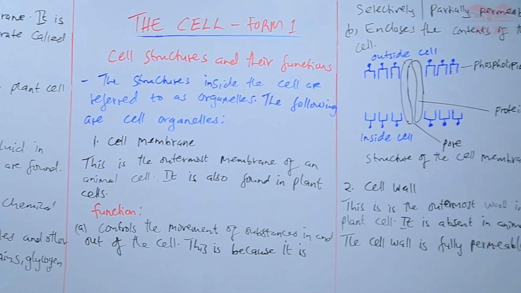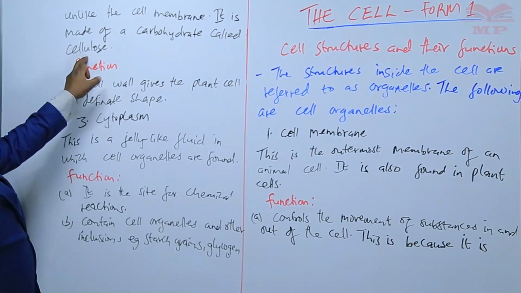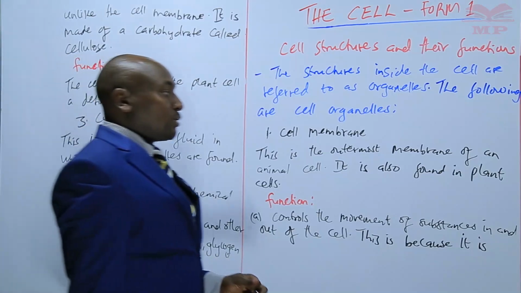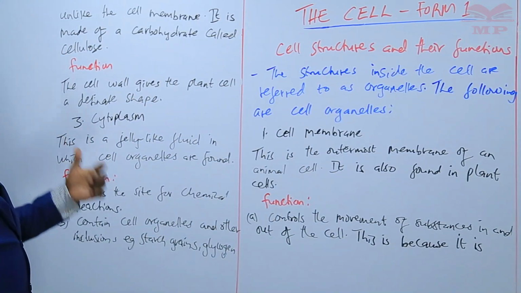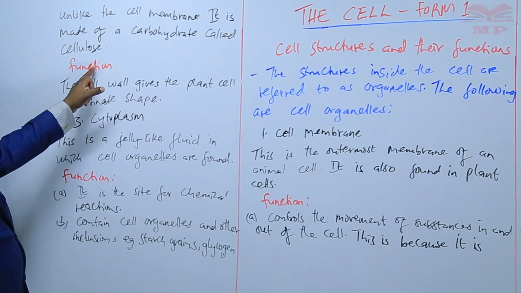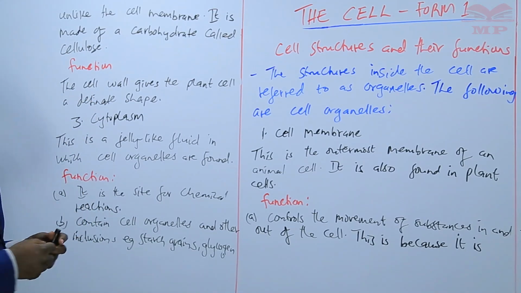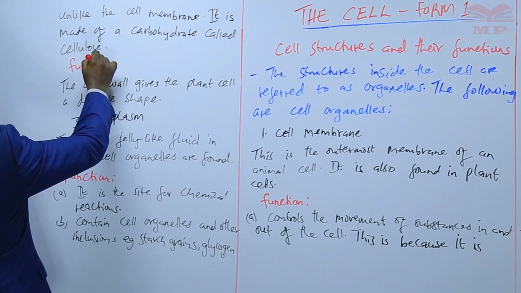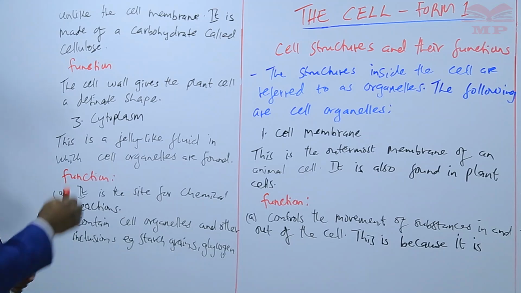Unlike the cell membrane, it is made of carbohydrate called cellulose. So the cell wall is made of cellulose, and that's why sometimes it's referred to as cellulose cell wall. The function of the cell wall, it gives the plant cell a definite shape.